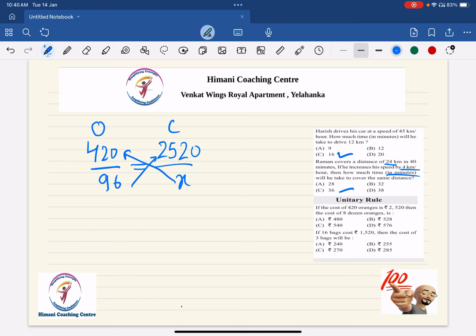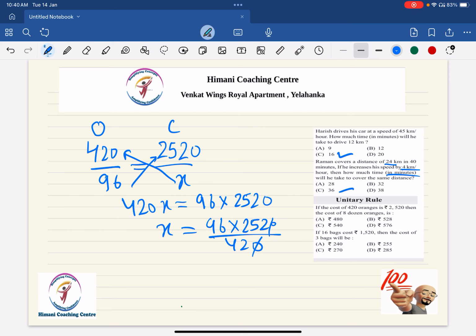Bring it here, cross multiply. So 420x equals 96 into 2520. X equals 96 into 2520 by 420. 0, 0 gone. Then see, numbers are even because the unit digit is even. So this is divisible by 2.